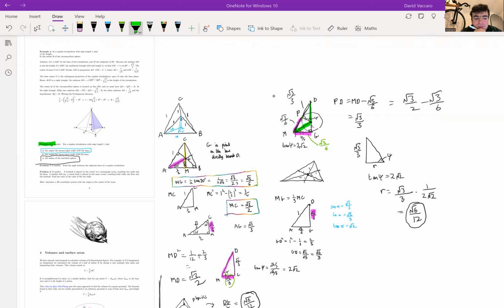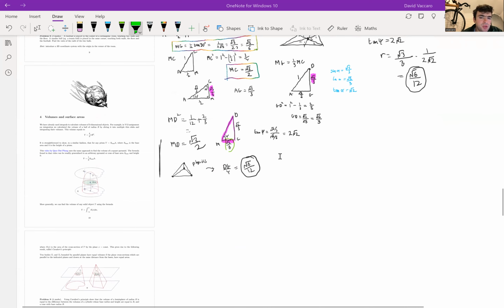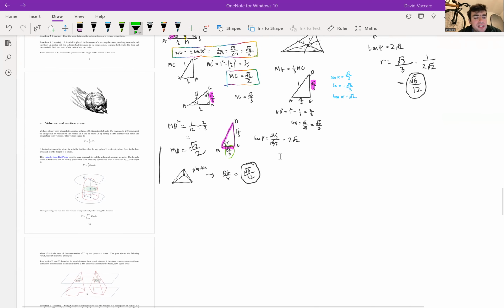Excellent. What I'll just mention very quickly with question 6 is you can also just do it almost entirely with dot products and vectors, and I personally would find that slightly less intense.